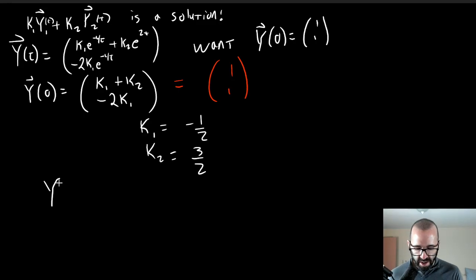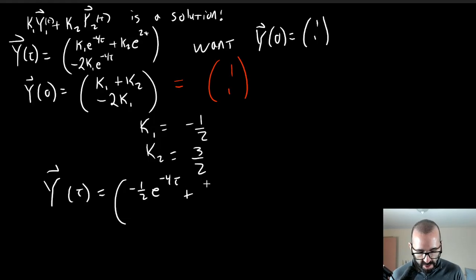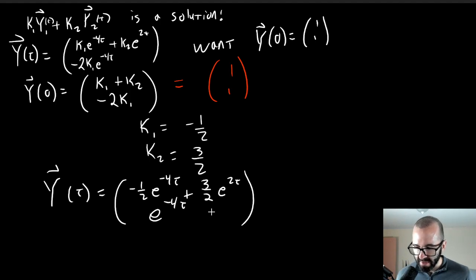So we'll find out that our solution to this initial value problem is negative 1/2 e to the negative 4t plus k2, which is 3/2 e to the 2t. And then the y component is negative 2 times k1, which is just positive 1, I believe, e to the negative 4t.